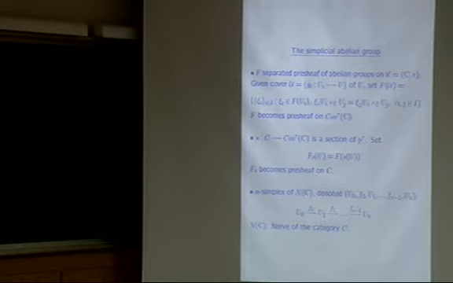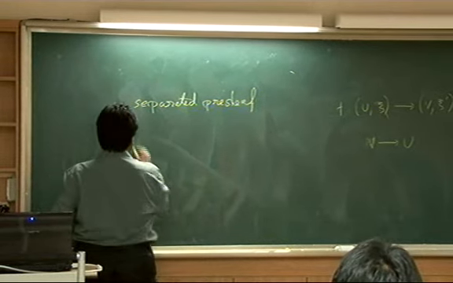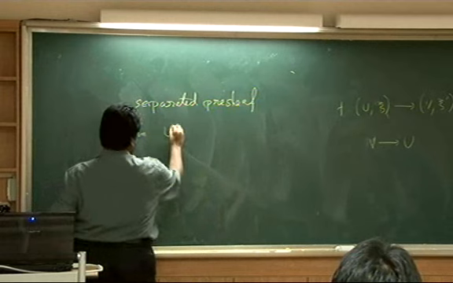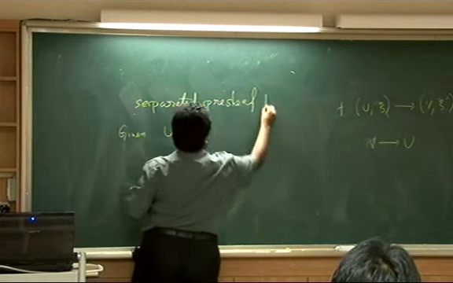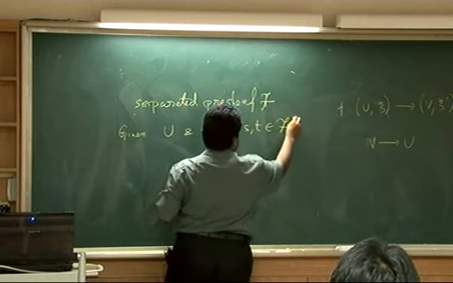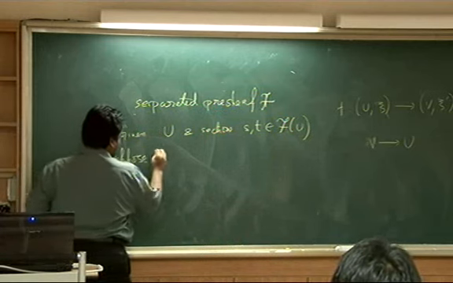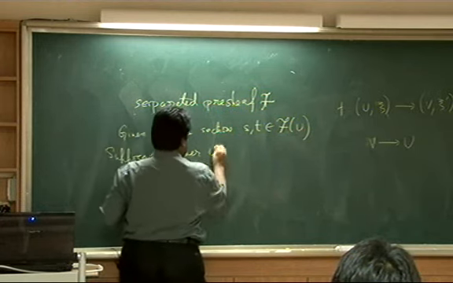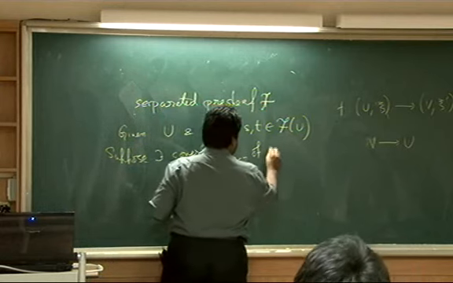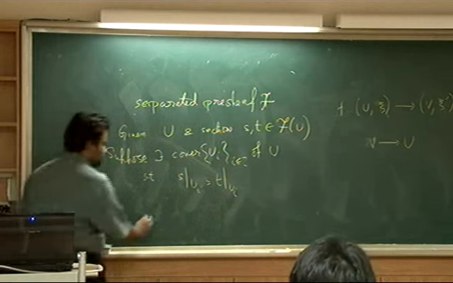We will mention what a separated presheaf is. Given U and a separated presheaf F, say, and two sections s and t belonging to F(U), suppose there exists a cover U_i of U such that s restricted to U_i is actually t restricted to U_i. Then s equals t.